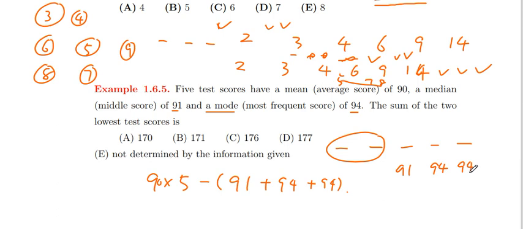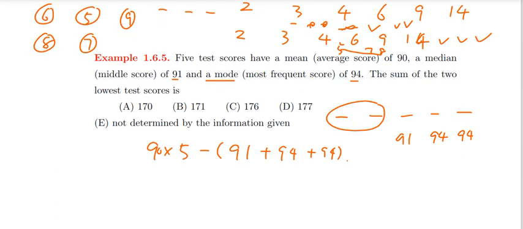We can also make the numbers as small as possible. So we just set the average 90 as 0, so the numbers are smaller and our calculation is easy.